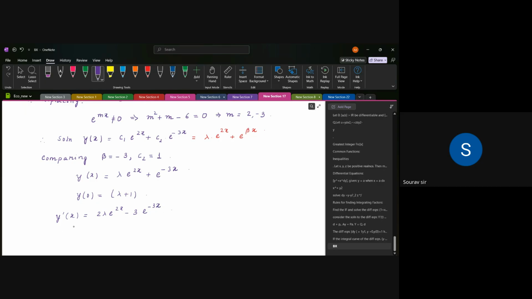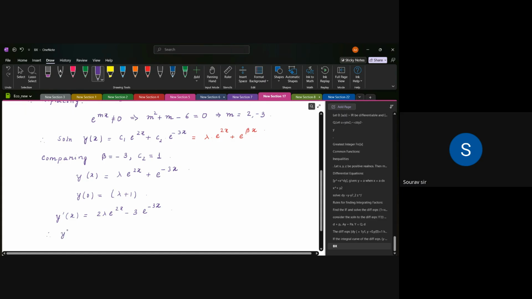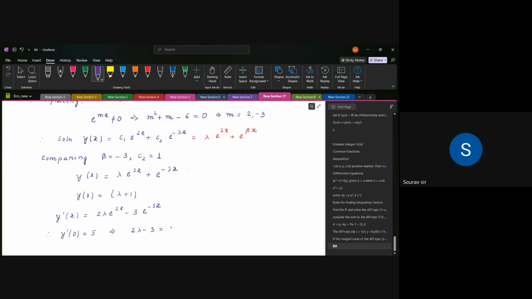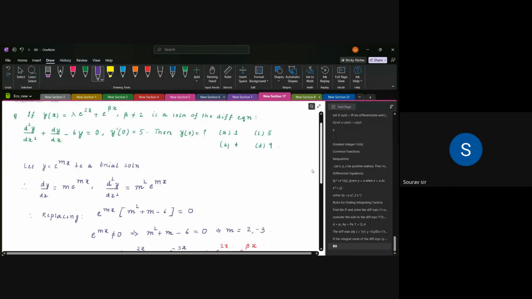Correct? So y dash of 0 is equal to 5. That means 2 lambda minus 3 is equal to 5. So lambda will be 4. That means y of 0 will be how much? 5. Okay, which is option C.